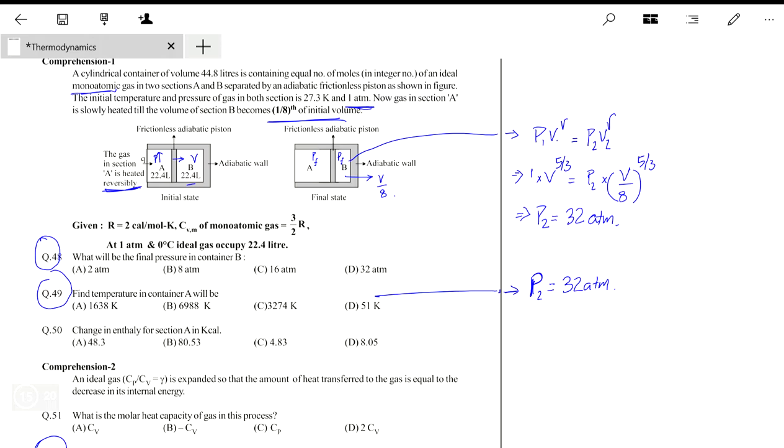And you want to find out the final temperature in container A. So pressure is known, temperature is not known, and the number of moles I think is known. Yes, the initial conditions are given. You have 273 Kelvin, 1 atm and a volume of 22.4 liters. So the initial moles are 1.